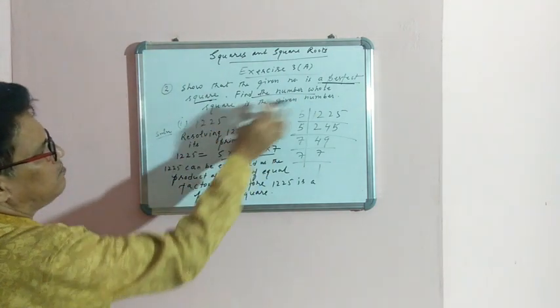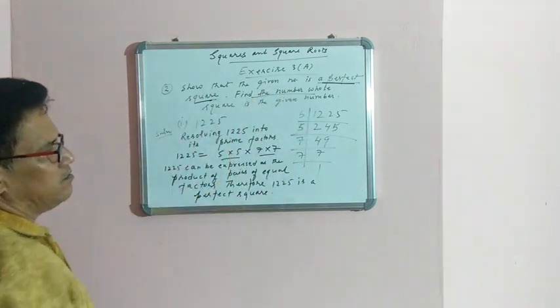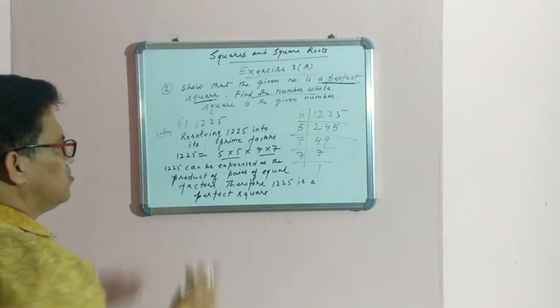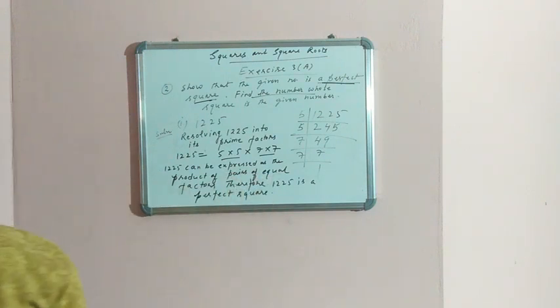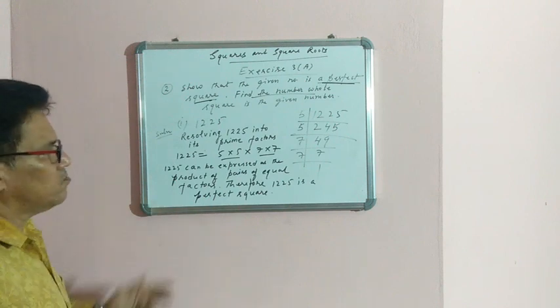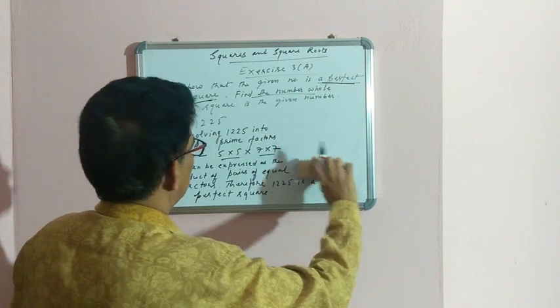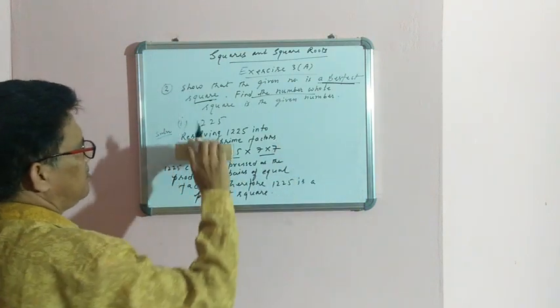Now find the number whose square is the given number. So we have to find that number. For that we will erase this one.